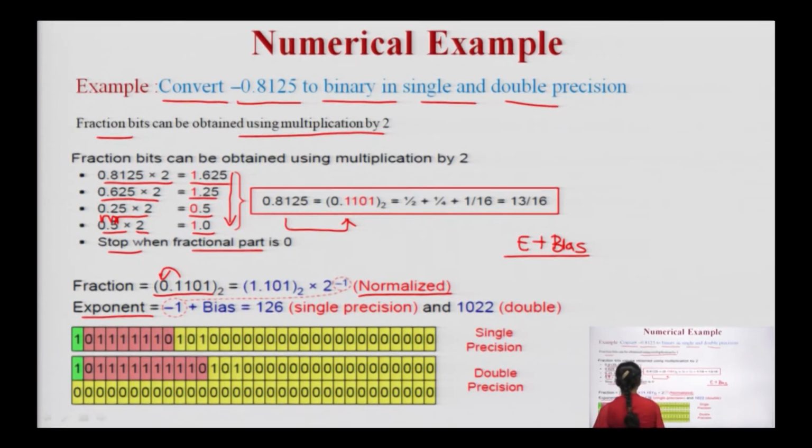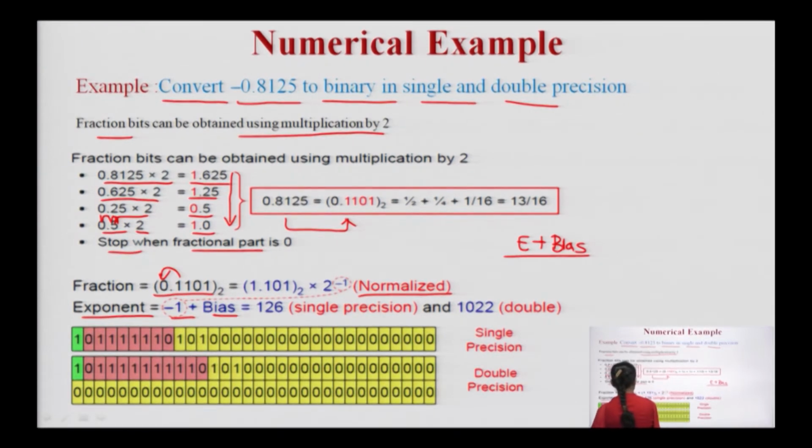So, minus 1 plus bias is added. Bias is a constant. If we are representing the number in single precision, then this value is 127, and if we are taking 64-bit double precision, then this value becomes 1023. We will discuss it in the next slide.